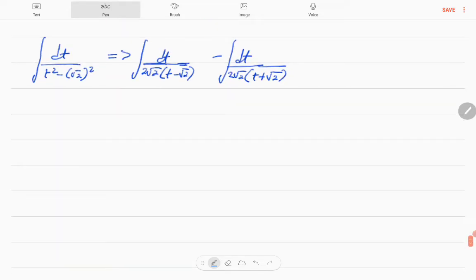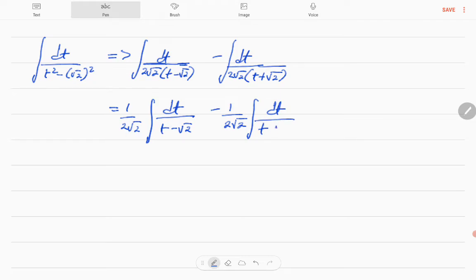And of course, we have a constant here, 1 divided by 2 root 2, so we are going to bring it outside. So we'll have 1 divided by 2 root 2 integral of dt divided by t minus root 2, minus, we also have a constant here, 2 root 2, integral of dt divided by t plus root 2.